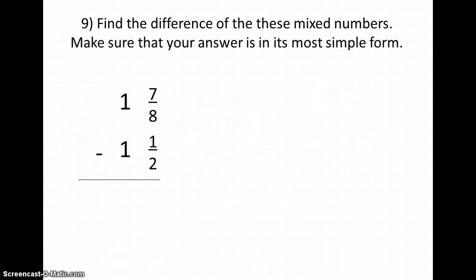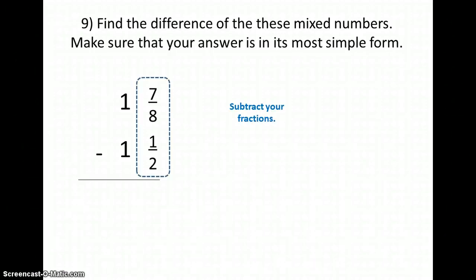I like to set up my problems vertically. It does not change what I need to do though. If I wanted to take 1 7/8 and subtract 1 1/2, I still need to make common denominators. So I'm going to look at my two fractions, and I'm going to subtract those fractions first. Well, in order to do that, I need to have common denominators.